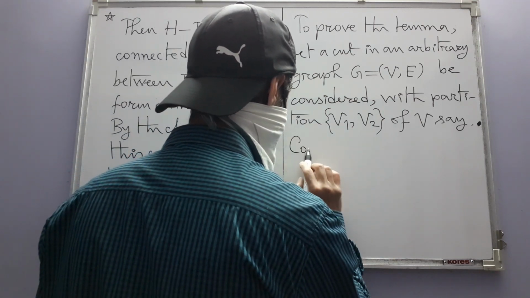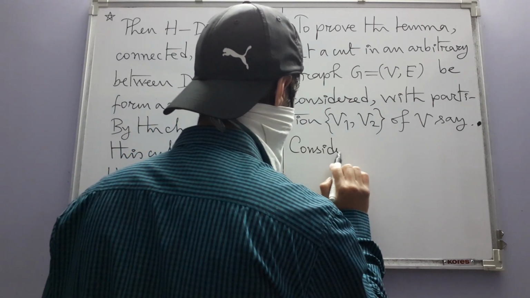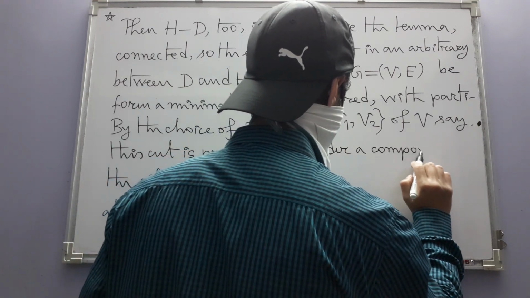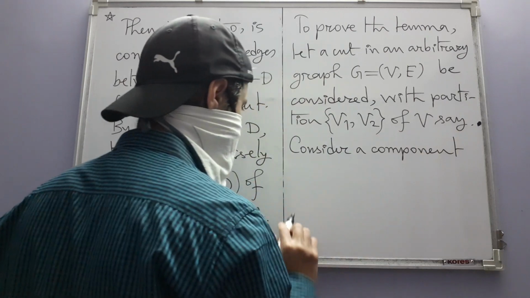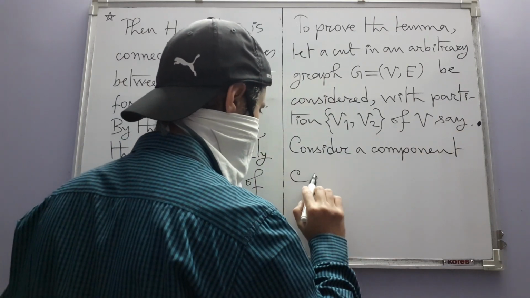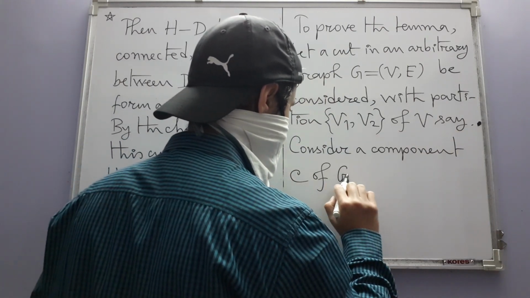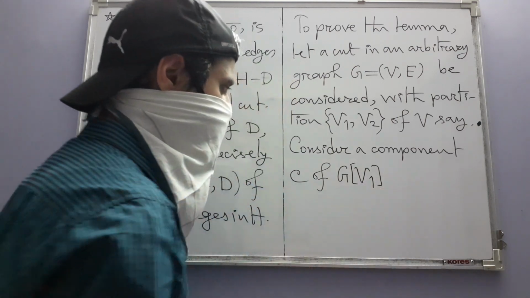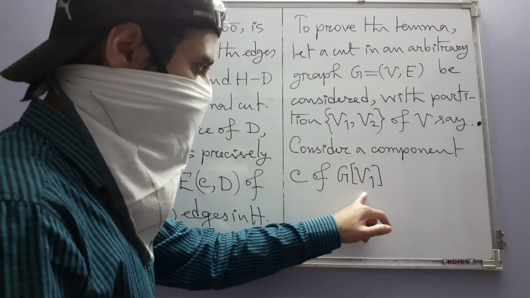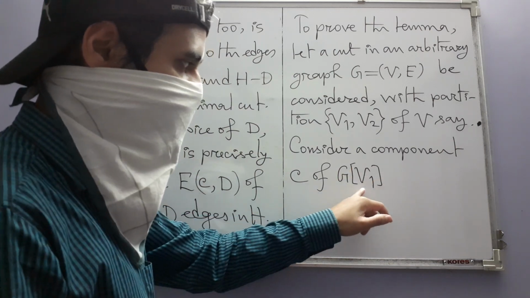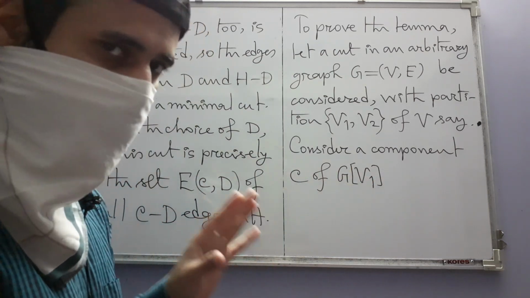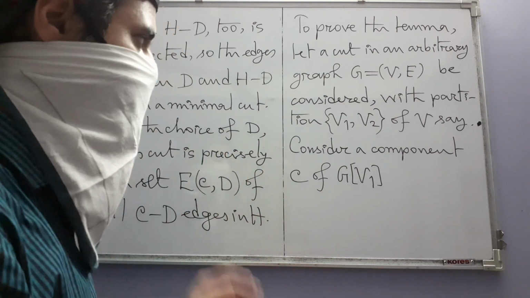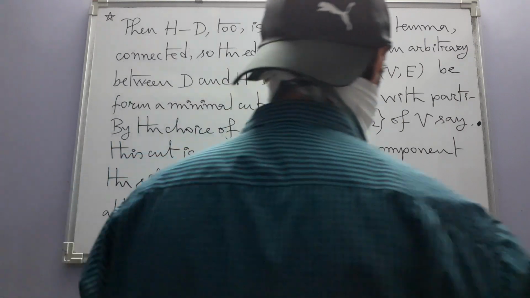Now consider a component C of G[V1]. We have the induced subgraph in G by the vertex set V1. Whatever it is, it will have at least one component, right? And let C be one such component. We have chosen one component.